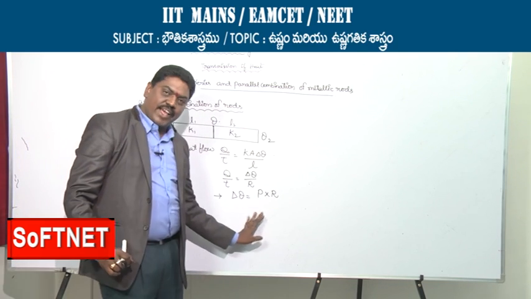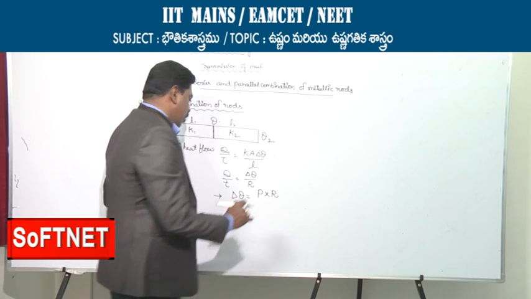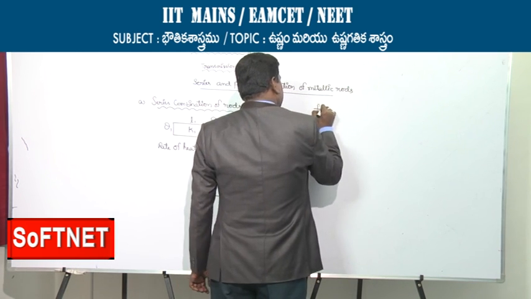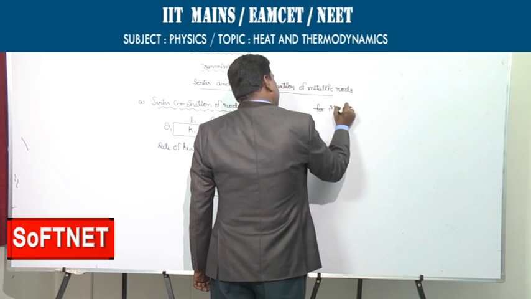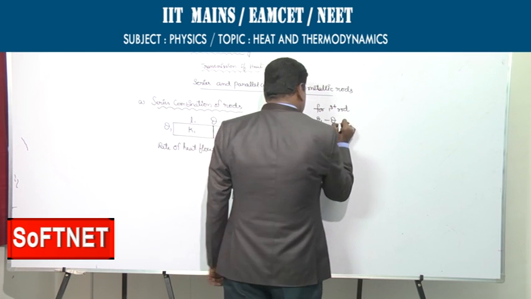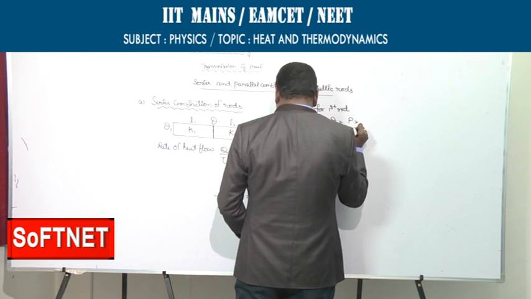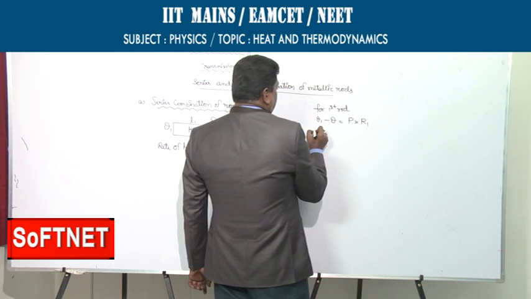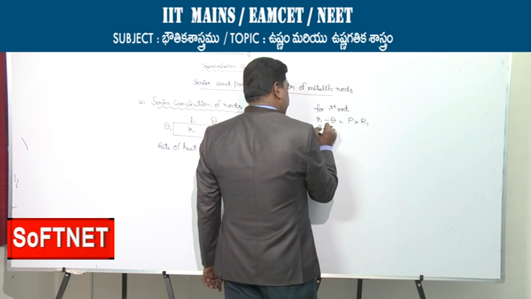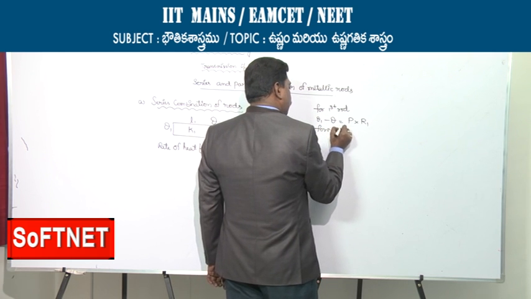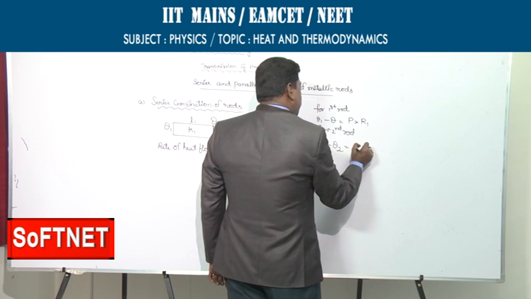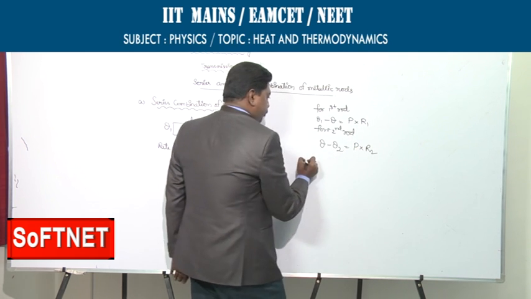Now for the first rod, theta 1 minus theta equals power into R1. For the second rod, theta minus theta 2 equals power into R2.